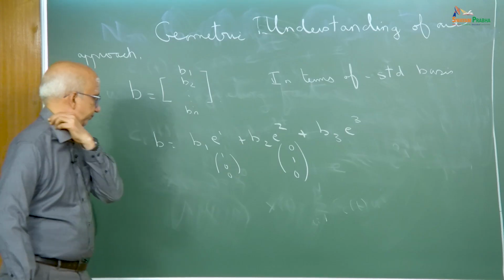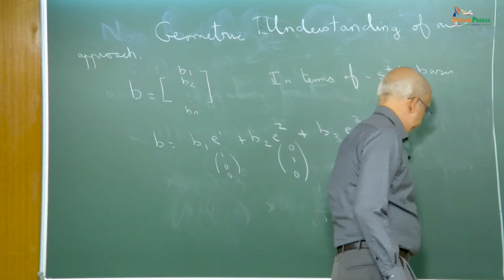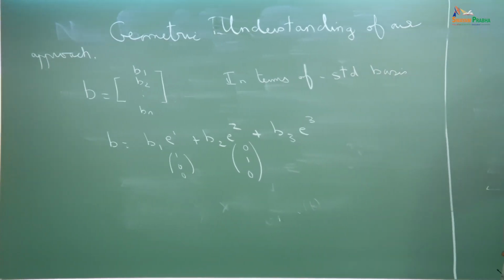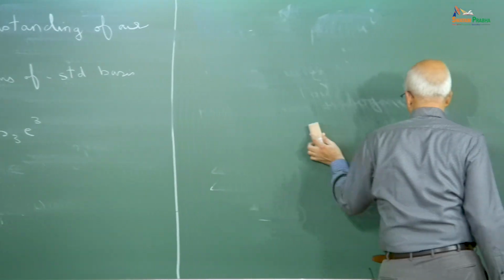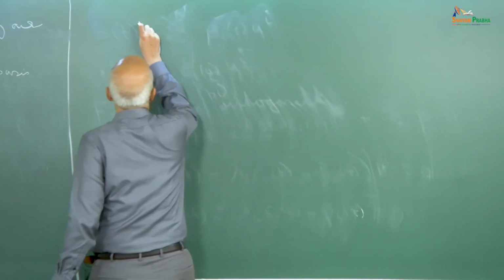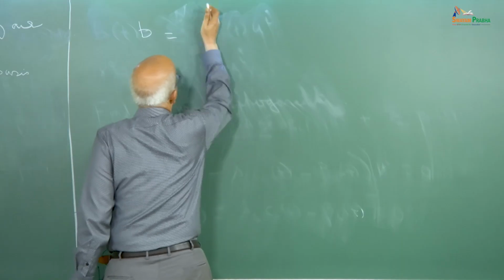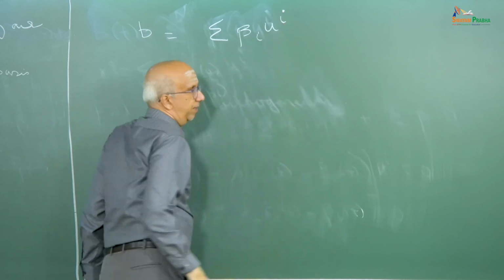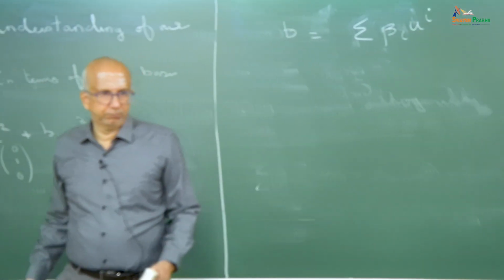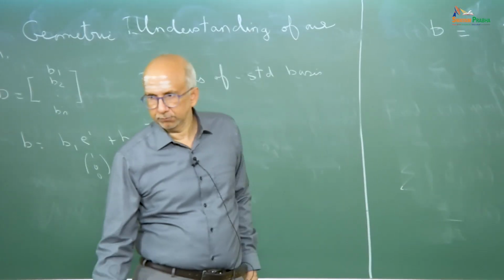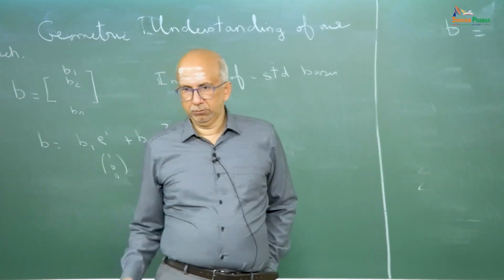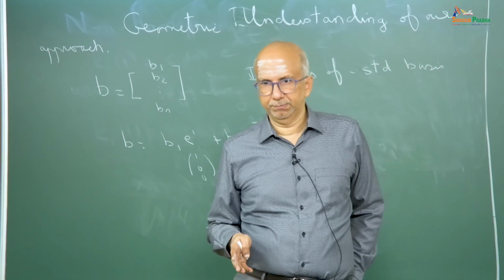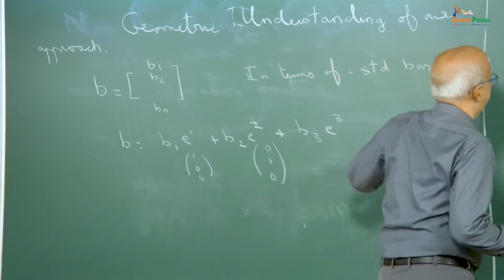Now, if I take the same vector B and write it as sigma beta I ui, where ui are the eigenvectors now, I am using a different basis to represent the same vector. Here I use ei, here I am using ui.